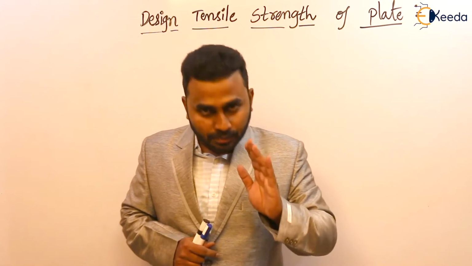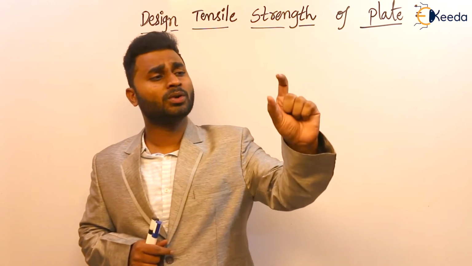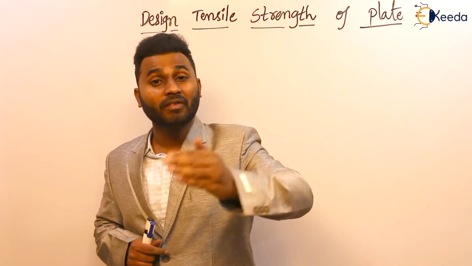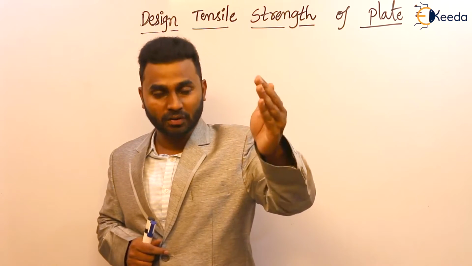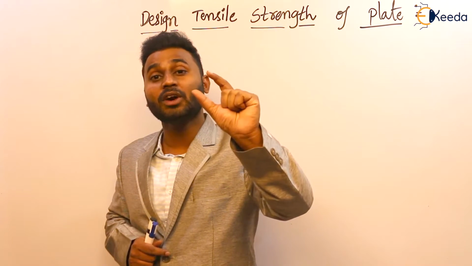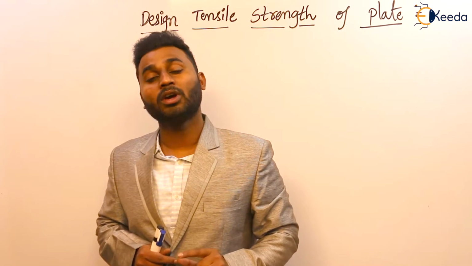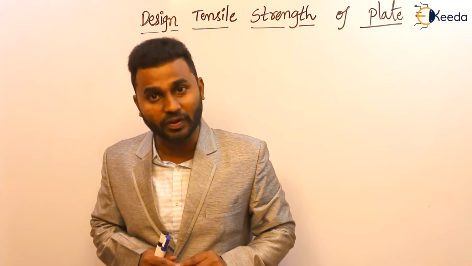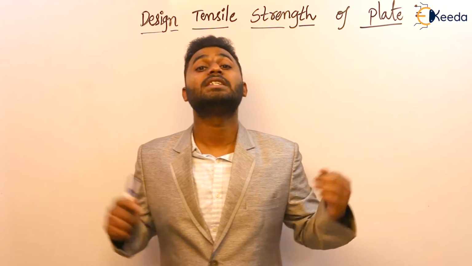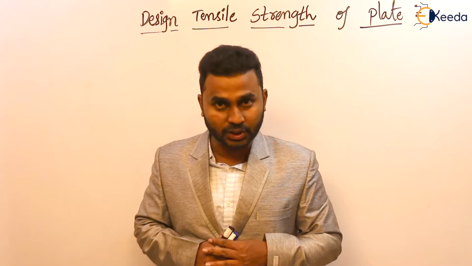In the same way, to find the design strength of a bolted connection, out of all these strengths we have discussed so far, we have to take the minimum. That is known as the design strength of bolted connection.